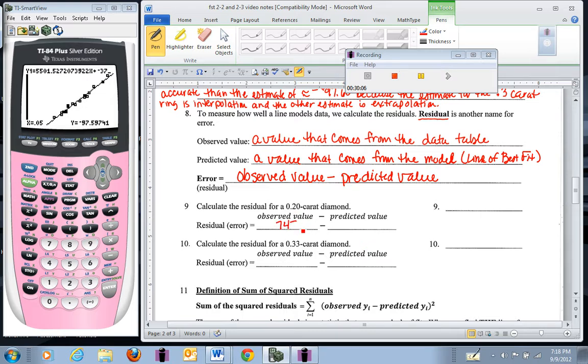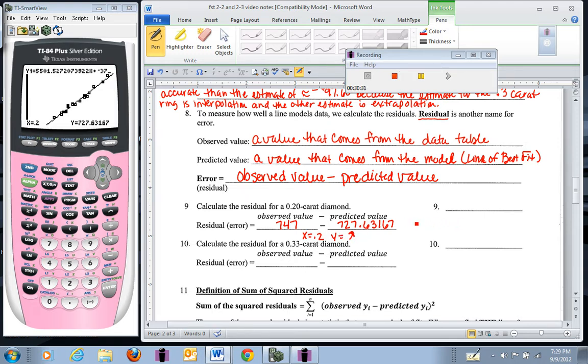$747. Now we're going to go to our prediction here, and we're going to type in 0.2, and we're going to say the predicted value for this would be 727.63167, right? So that's when x is equal to 0.2 and y is equal to this amount right here on the line, right?